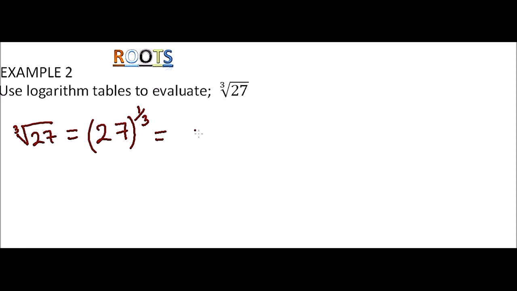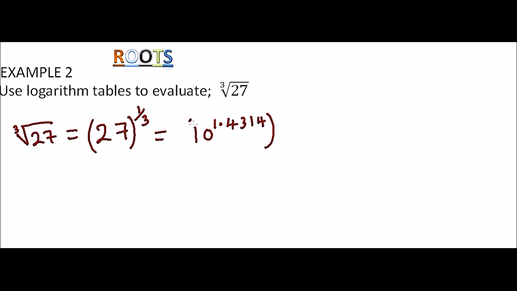So we write 27 is the same as 10 to power, check from the logarithm tables, it is 1.43144, then 14.